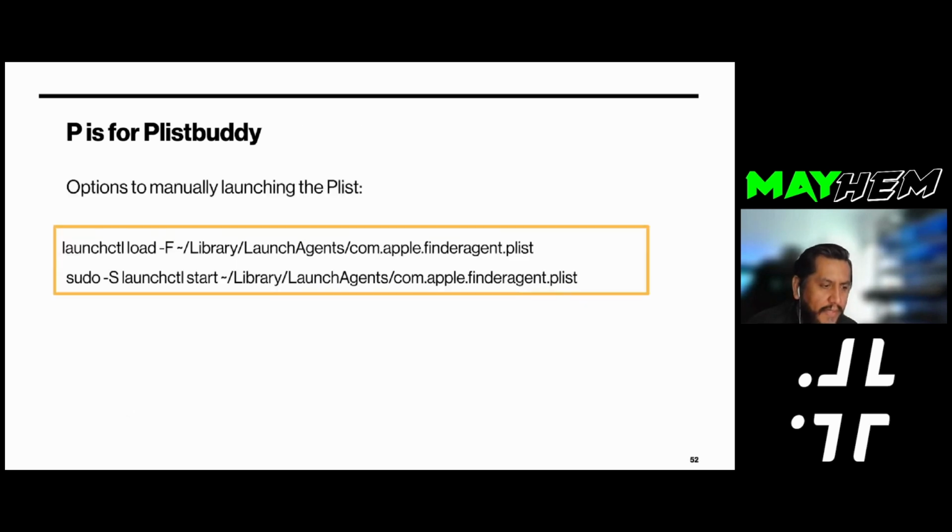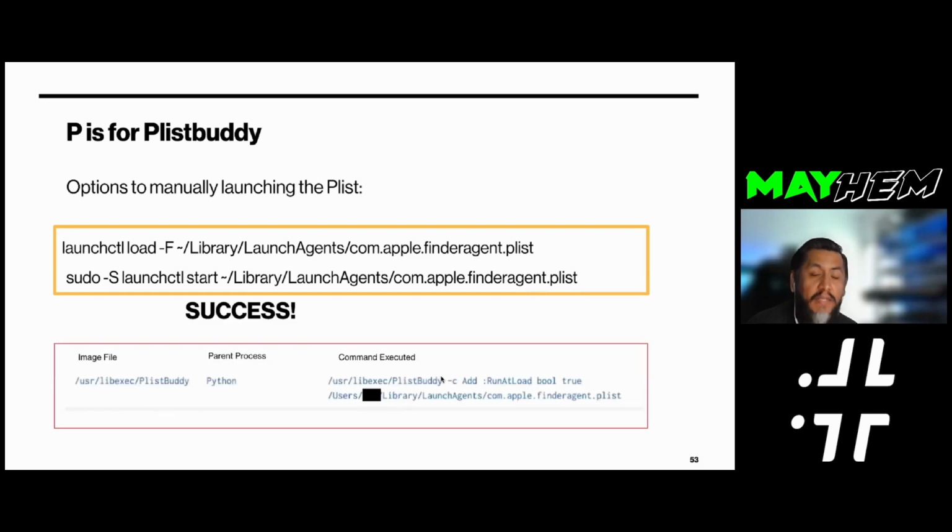So then one of the tests that I did is, let's test this manually. Let's see if this will actually do something, right? And then it did. What you see in here is the result of my test. You can see that plistbuddy did run. It was under Python, and I had my persistence.